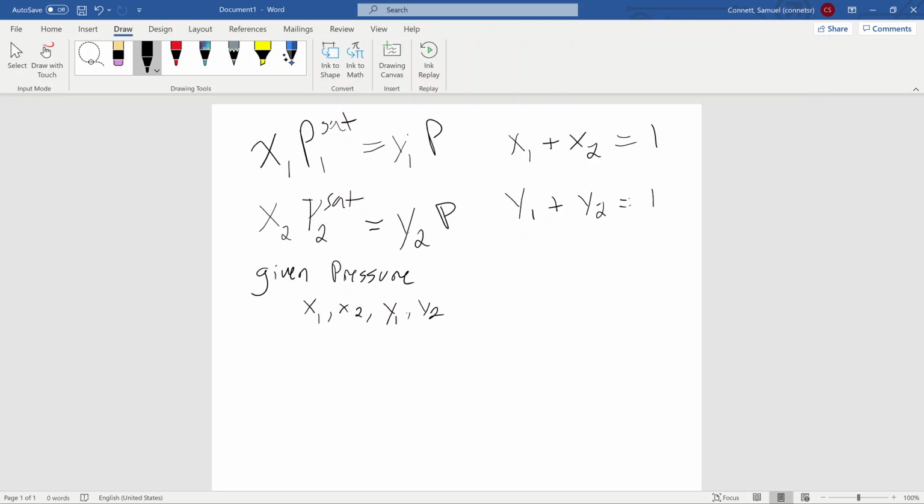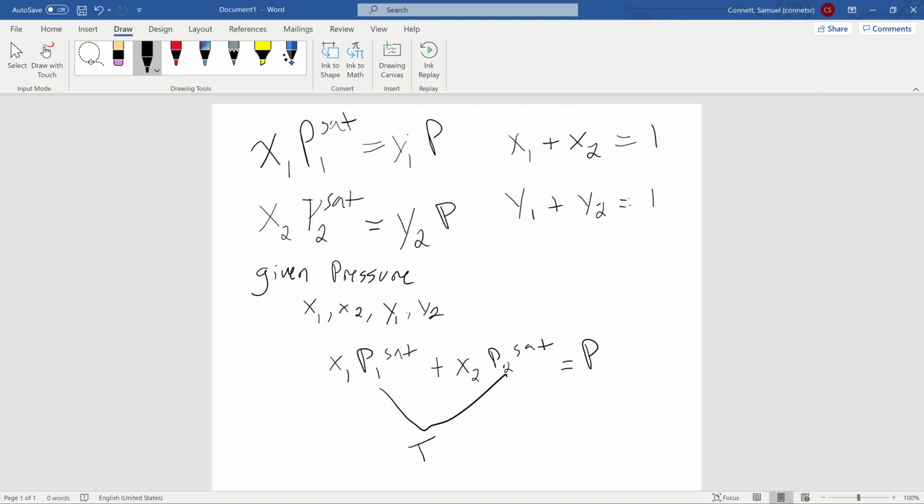So to find the bubble temperature, we do x1 times P1 sat plus x2 times P2 sat is going to equal the pressure. So we're given pressure and x1 and x2, and P1 sat and P2 sat are our saturation pressures, and they're going to be based off the temperature.